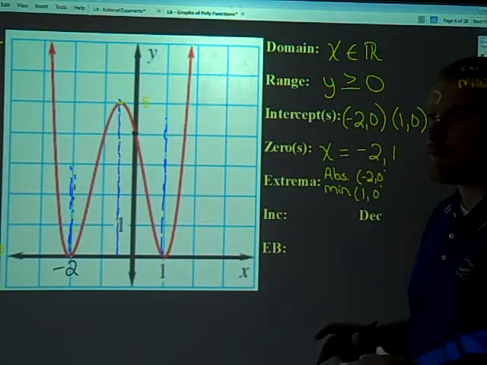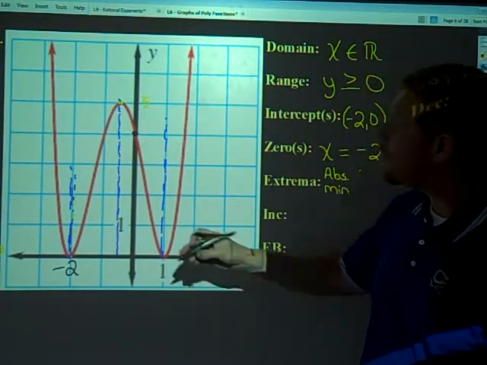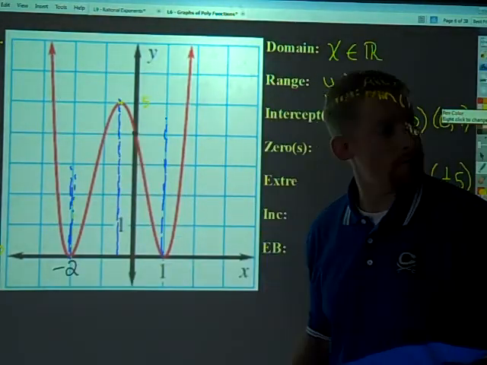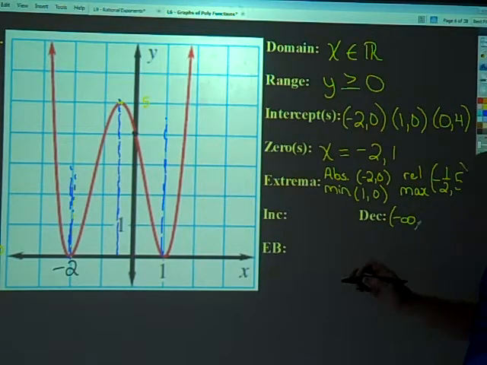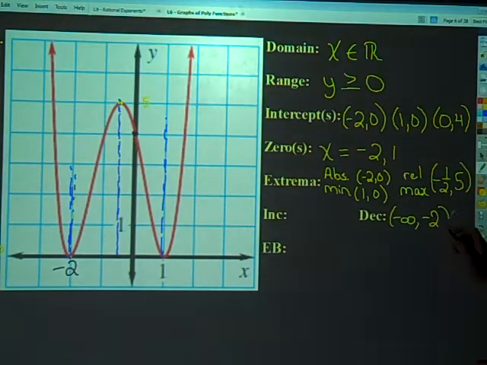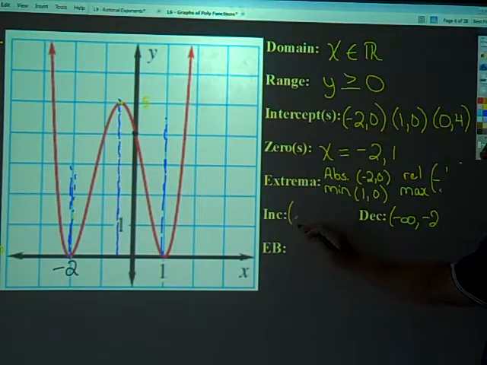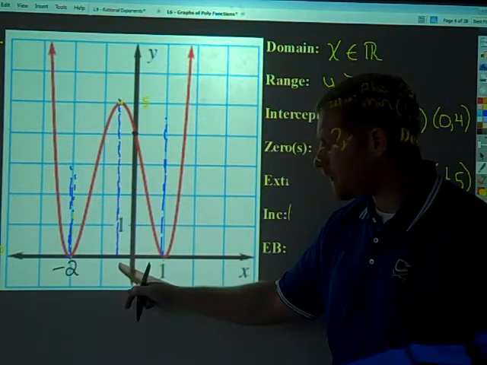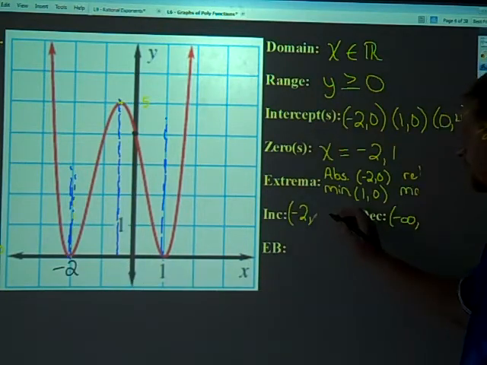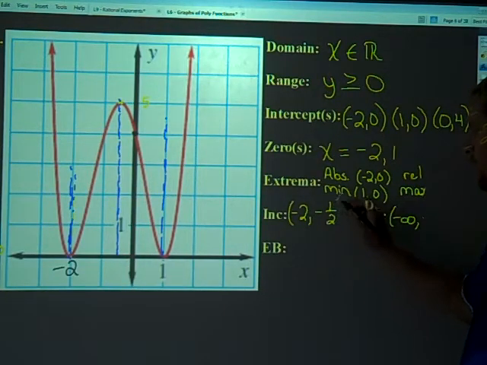So let's write our intervals of increase and decrease. We're starting with a decrease, so we're going from negative infinity all the way to negative 2. At negative 2, I start my increase all the way to here, and we said earlier this was negative 1/2.